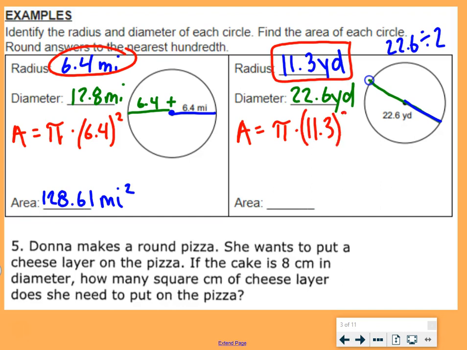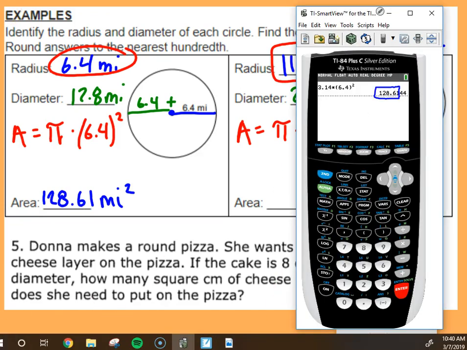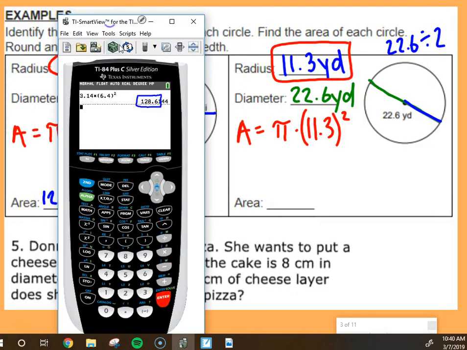11.3 squared. Again, we can feel free to use our calculator, use our tools wisely in math class, and help us compute our area. So, again, area equals pi, so 3.14 times parentheses 11.3, close the parentheses, square it, and press enter to get our answer, 400.9466.